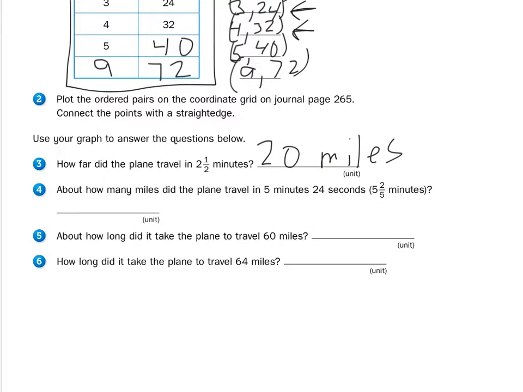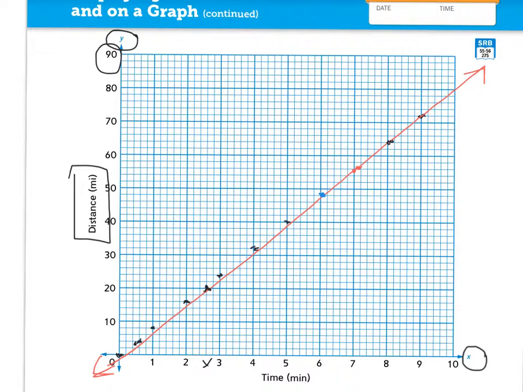For question 4, it says about how many miles did the plane travel in 5 minutes and 24 seconds. And they give us a hint here. They tell us that we can convert that to 5 2/5 minutes. So let's look at that page and let's see. Okay, so looking at 5 2/5 minutes, it's going to be right about here.